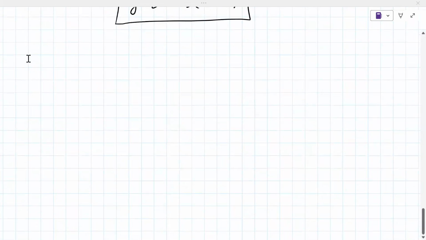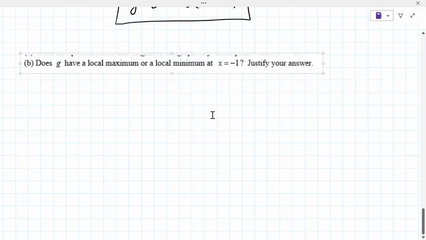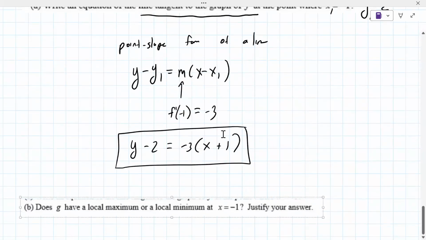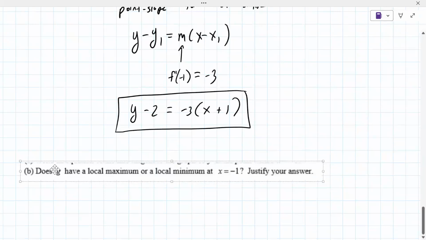Let's continue here. All right, part B. Does g have a local max or local min at x equals negative 1?